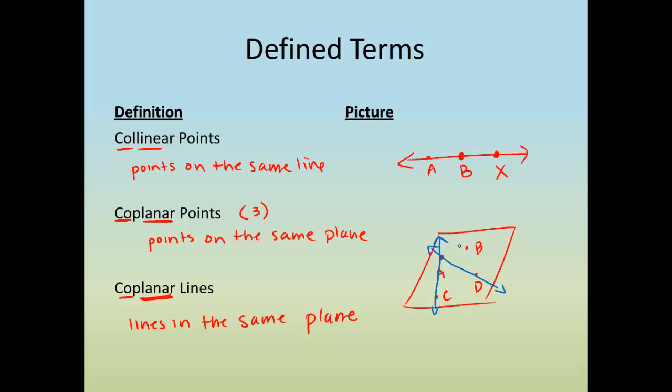So we would say, based on my new diagram, that line AC and line AD, please note I'm using the notation of a line, are coplanar. Okay, so line AC and line AD are coplanar. They are in the same plane.